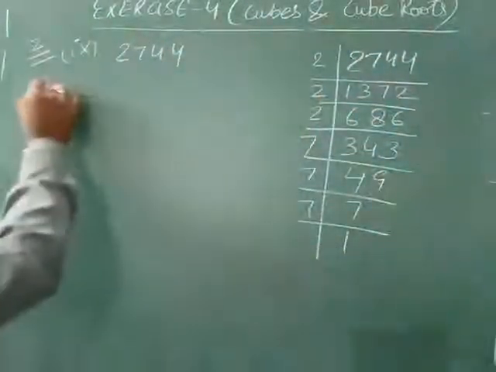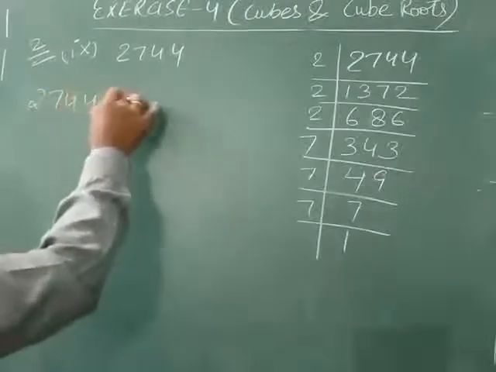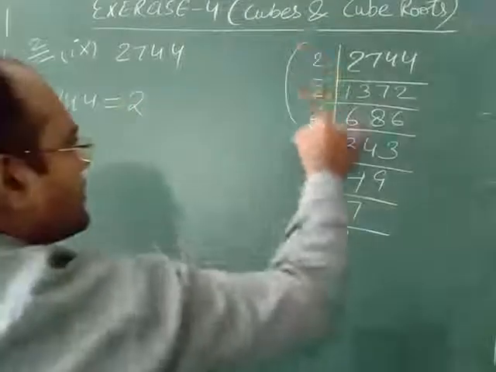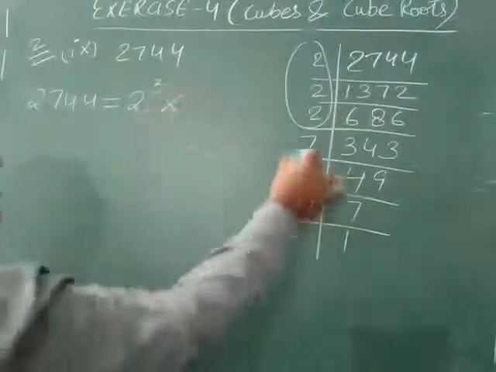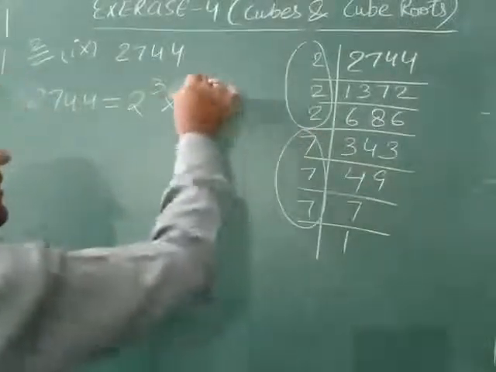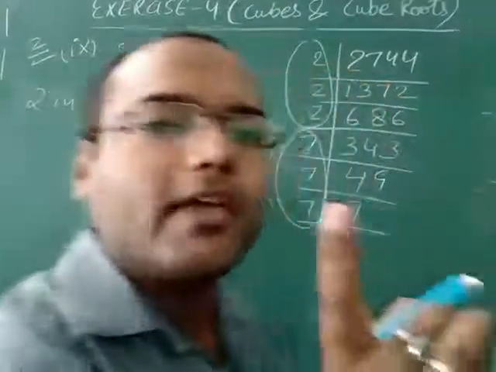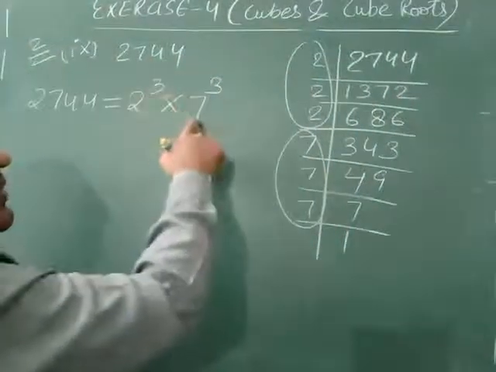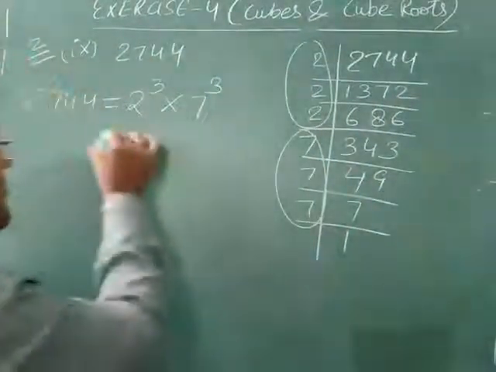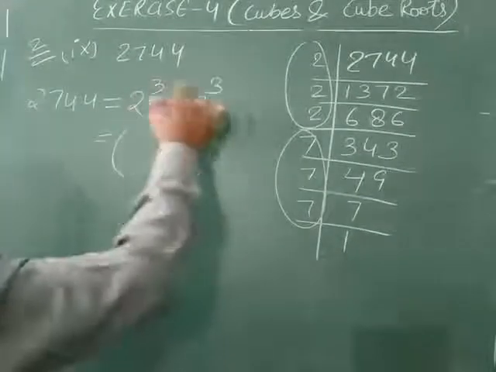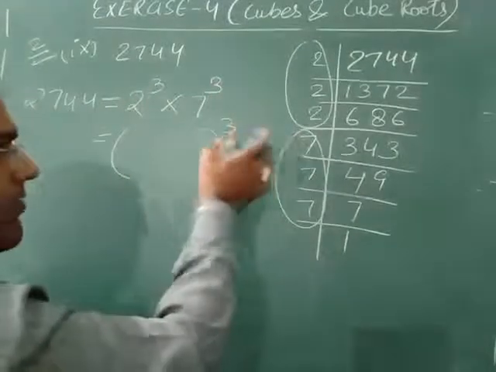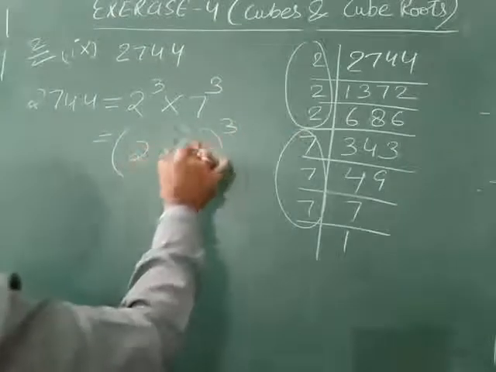Now what you have to do? 2744 answer is 2 power 3 into 7 power 3. So here what you will observe, both the numbers are making cubes. 2 is also making cube and 7 is also making cube. So here what you will do, these power 3 we will write as a whole power, and inside what will we write? 2 into 7.